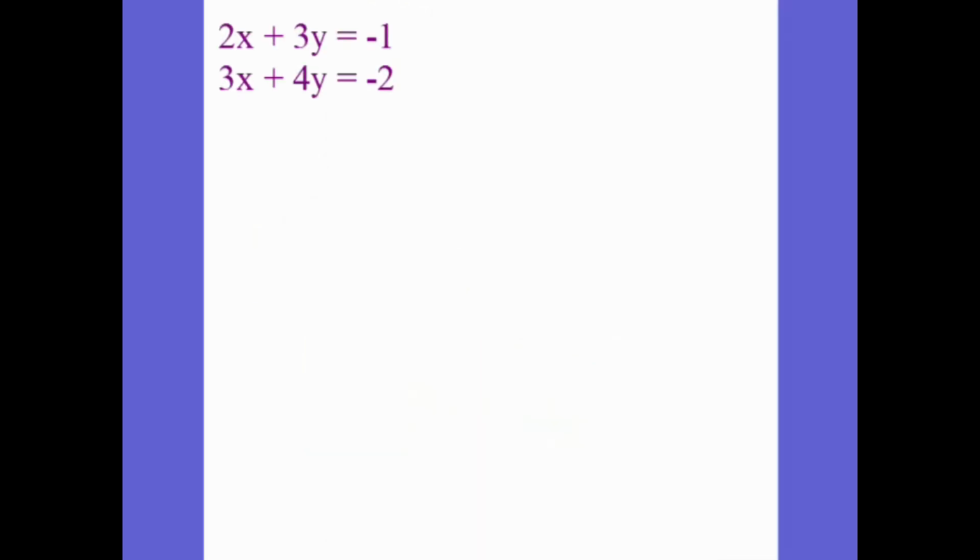For those of you who didn't understand what I was talking about when I was talking about eliminating the y's, there is no difference whatsoever between the medium and the hot, so you won't even notice the difference. Really, I just call these hot because there's no easy way to eliminate either the x or the y. So I'm going to have to put a number on the top and the bottom no matter what.